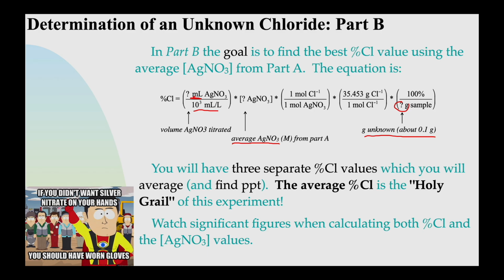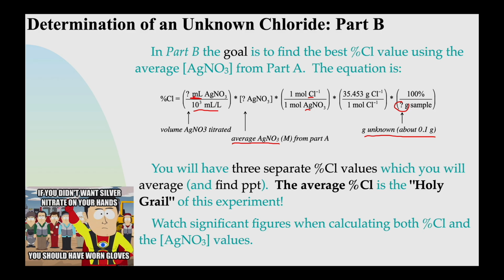And then just like we saw in the last one, 1 mole of silver reacts with 1 mole of chloride. Unlike the last one, we don't know if this is sodium chloride or something else, so we just put Cl-.